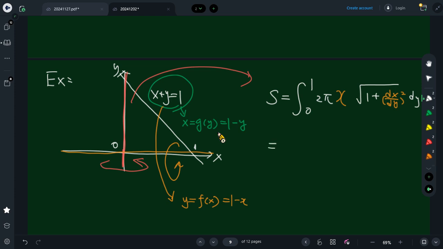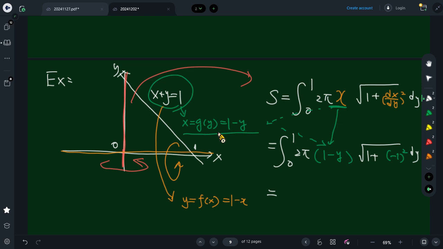So it will be the integral from 0 to 1 of 2 pi times x, and x will become 1 minus y, because we already have this. Then the square root of 1 plus (minus 1) squared, dy.